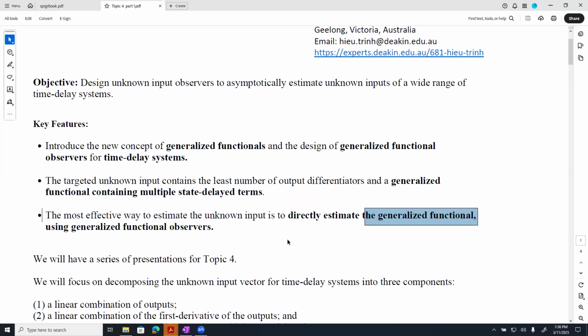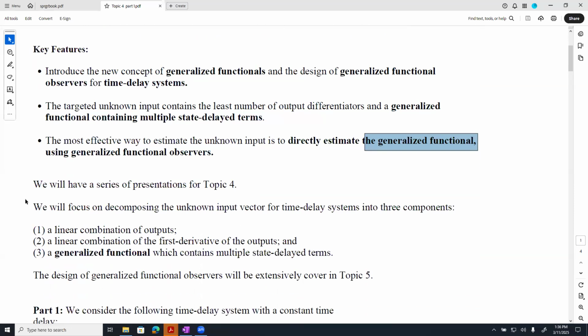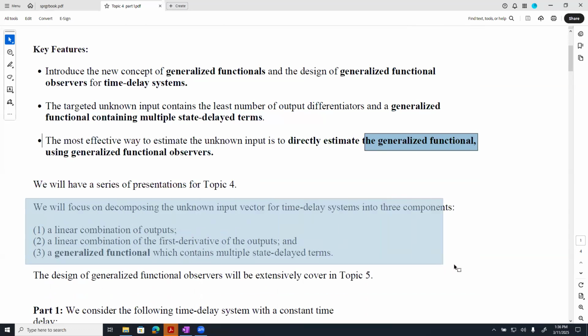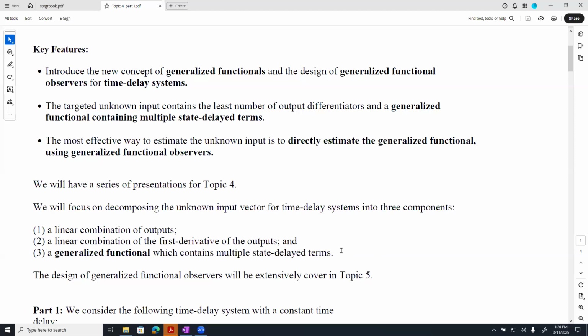Okay. So we're going to have a series of presentations for topic 4, and we'd like to concentrate on demonstrating that when we are dealing with time delay systems, we can express the unknown input in its own entirety, and it will be a linear combination of the output measurements, a linear combination of the first derivative of the output.